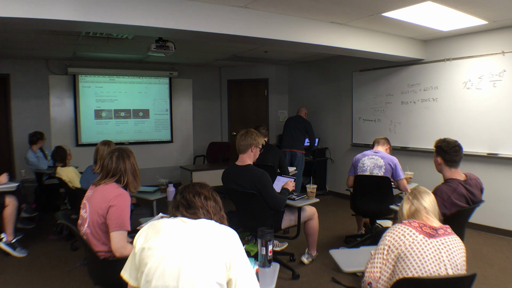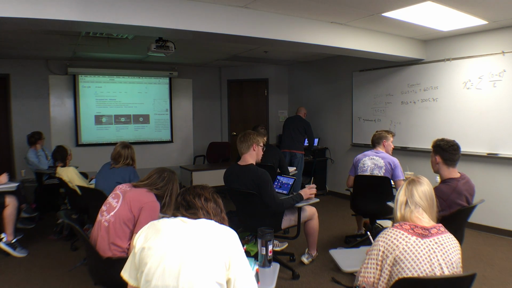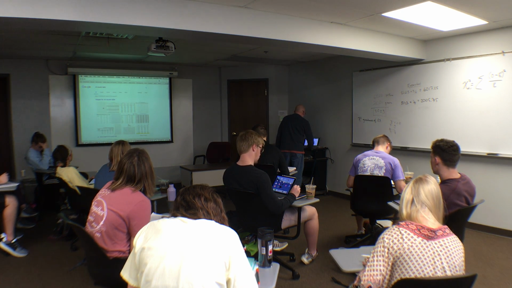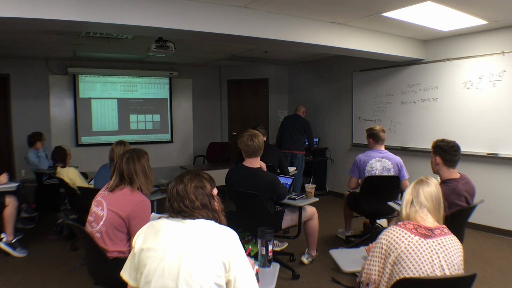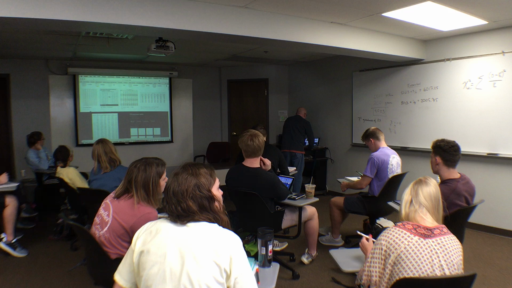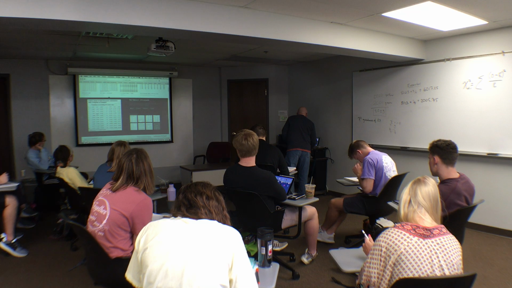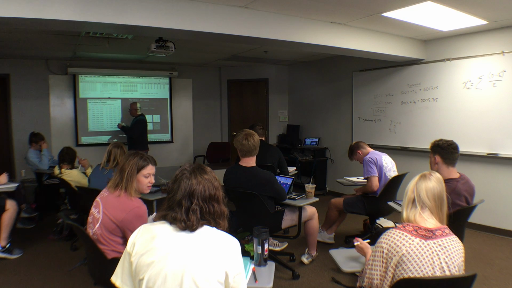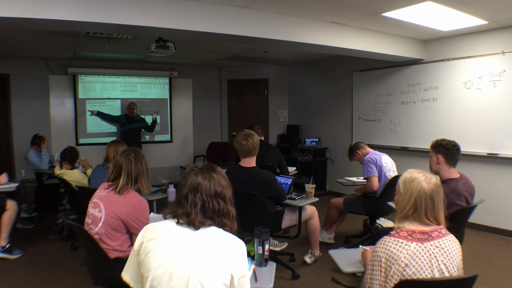So on the test, I'll give you a chi-square table. So if you're testing things at a 5% type 1 error rate, we have 1 degree of freedom because we have 2 categories.